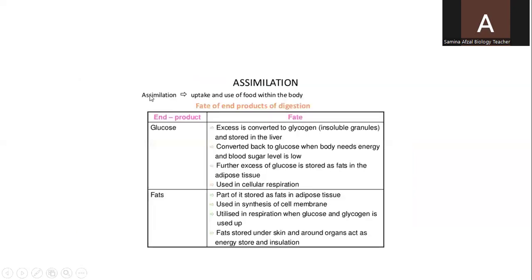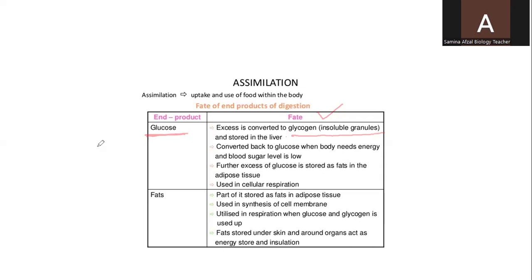In the next slide, we will discuss the different end products and their role in the body after absorption. First of all, glucose. Glucose is used to get energy, but if it is in extra quantity, then the extra glucose is stored in the form of glycogen, which is a polysaccharide.